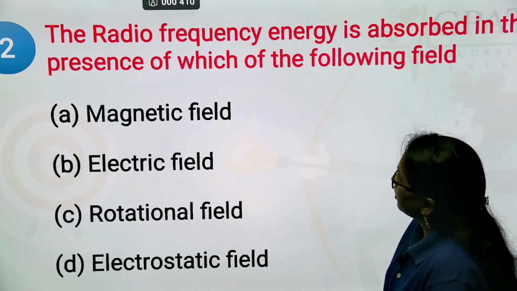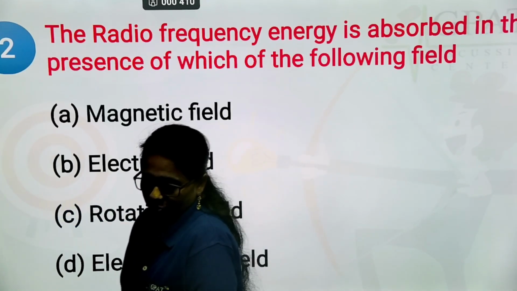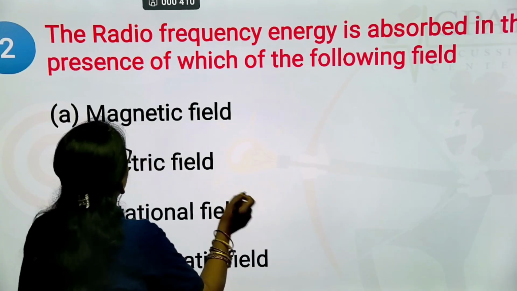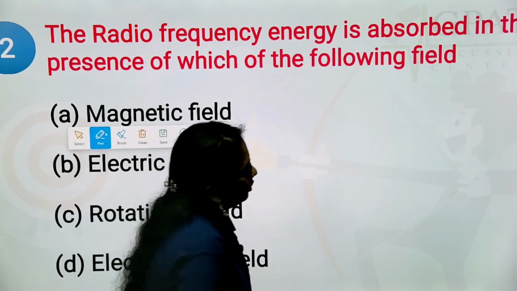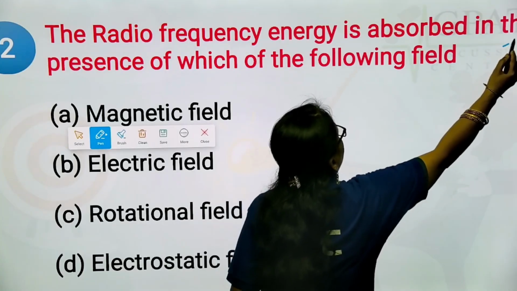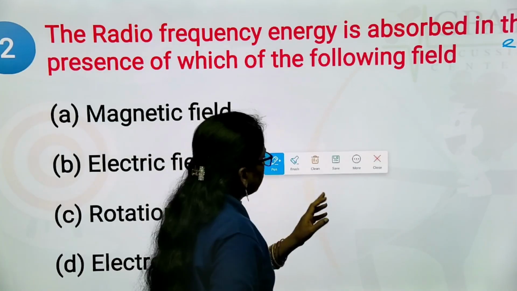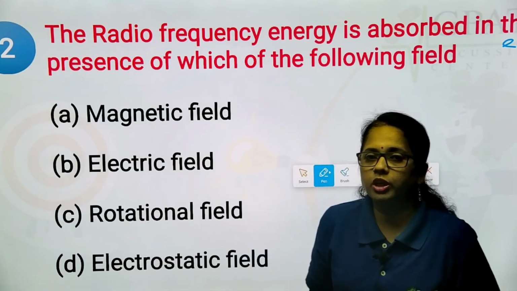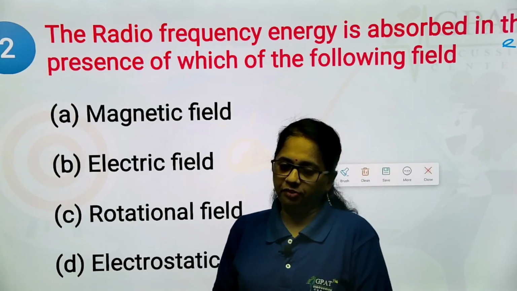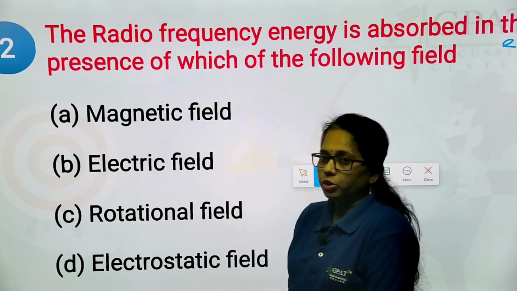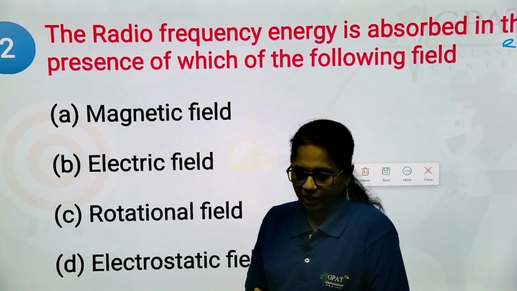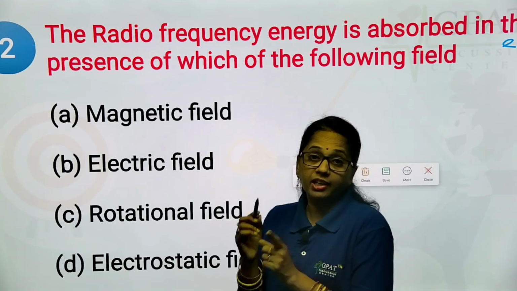Second question: the radio frequency energy is absorbed in the presence of which of the following fields? In NMR we use a very powerful magnetic field in order to keep the nucleus in the resonance state, that's why it is nuclear magnetic resonance.